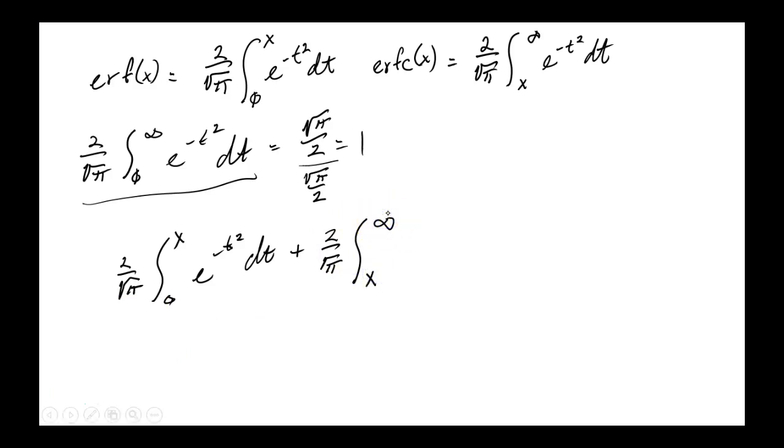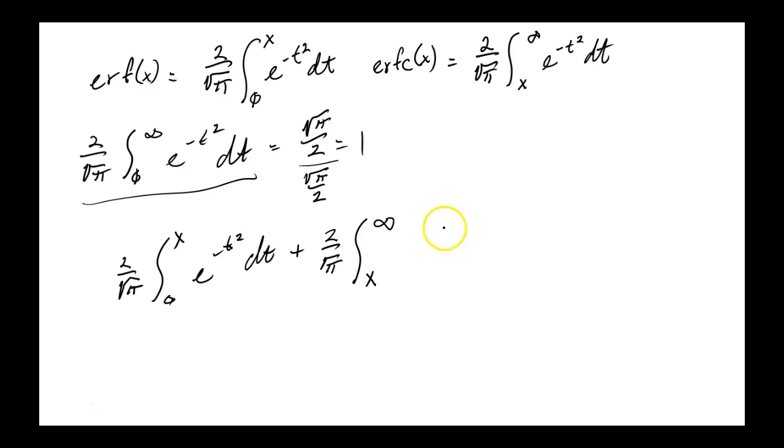Basically what you've done is split this integral, which we know is equal to 1, into 0 to x and x to infinity. But these two added together have to equal 1.